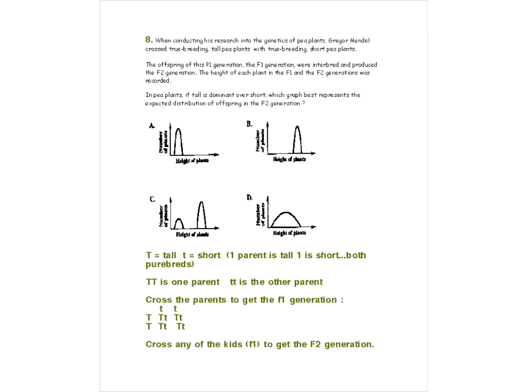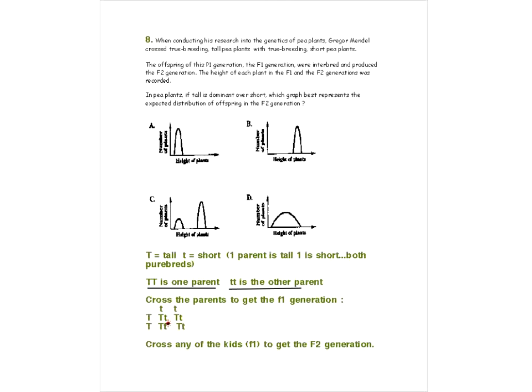So this is one of the parents, and the other is short and purebred. So it's going to have two small t's. So we know what genes the parents have, and we would cross those genes to get the F1 generation, right? So we do that. We cross the genes here, and we get the F1 generation. Every one of the kids in the F1 generation has a big T, little t gene. And so that's what the F1 generation is going to look like.